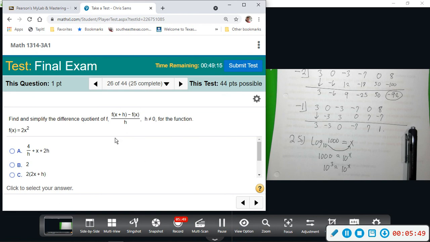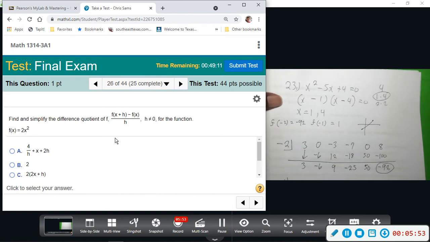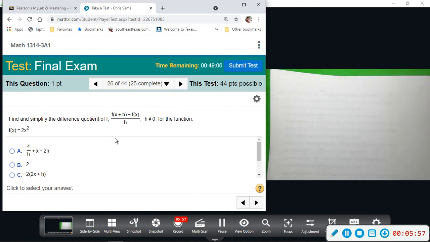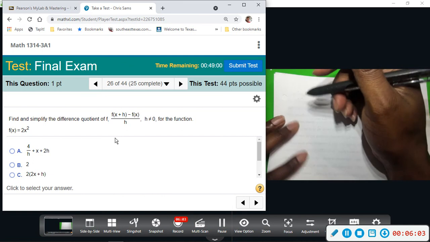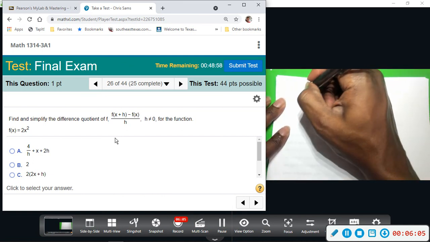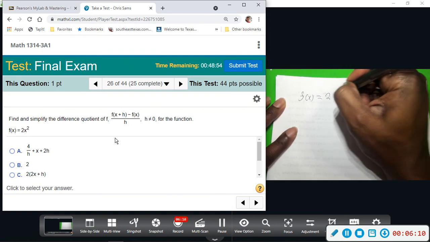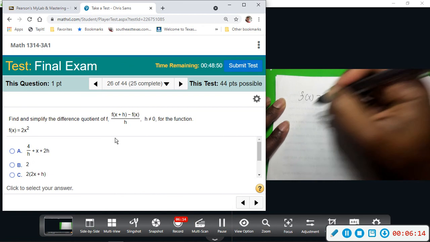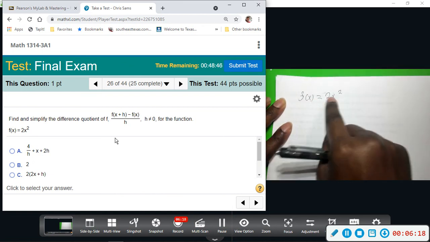And then number 26 wants us to do the difference quotient. Those are always fun. We're going to find the difference quotient. So we have f of x is 2x squared. Alright, so the difference quotient, they're giving it to us. So we're going to do x plus h in the place of x.